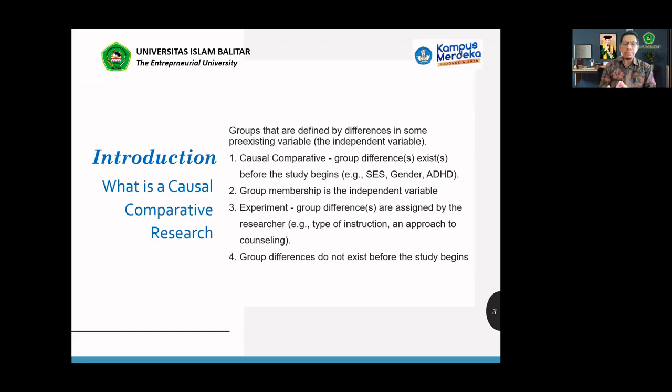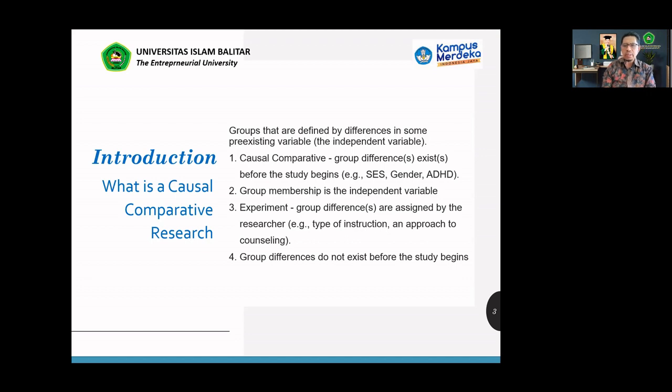If we are talking about causal comparative research, it means we are talking about groups, and the groups are defined by differences in some pre-existing variables, which are the independent variables. The points that we need to take: firstly, in causal comparative research, we are dealing with group differences, and group differences exist before the study begins.